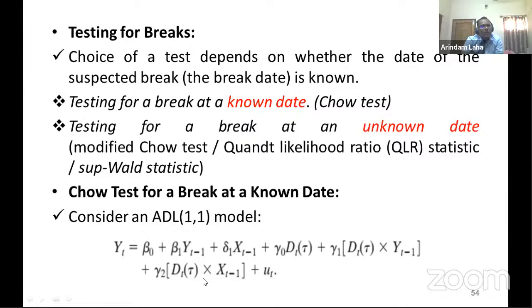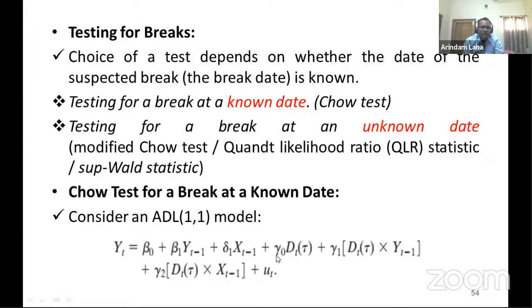Now what is our basic hypothesis? Our basic hypothesis is that there is no impact of the collapse of the Bretton-Woods system.